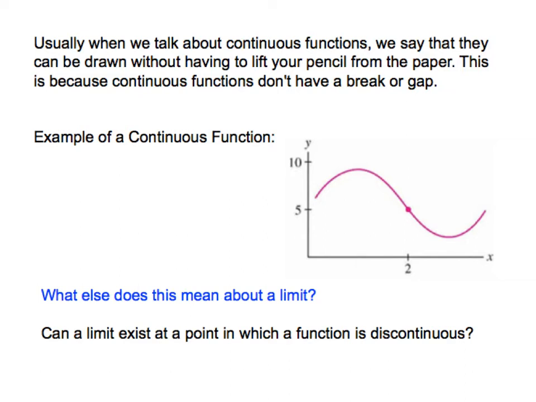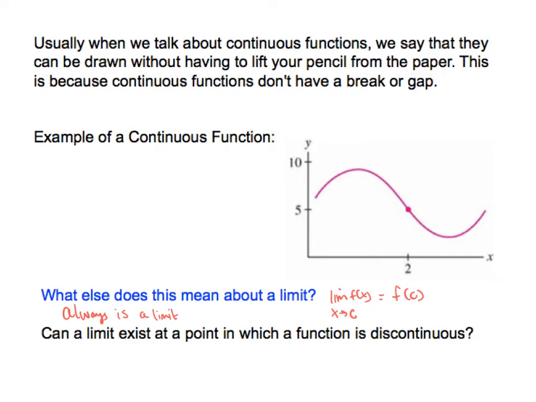If the function is continuous, then there always is a limit, and we further could say that the limit of f of x as x approaches c is always equal to f of c.